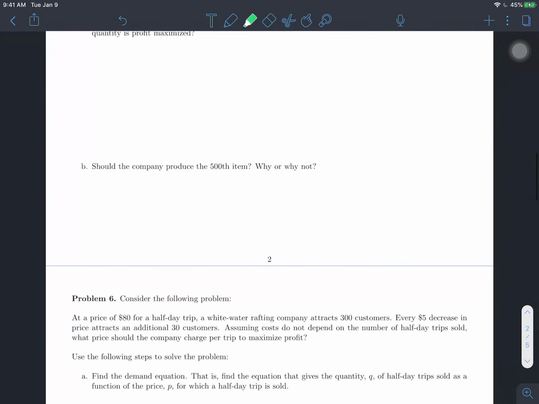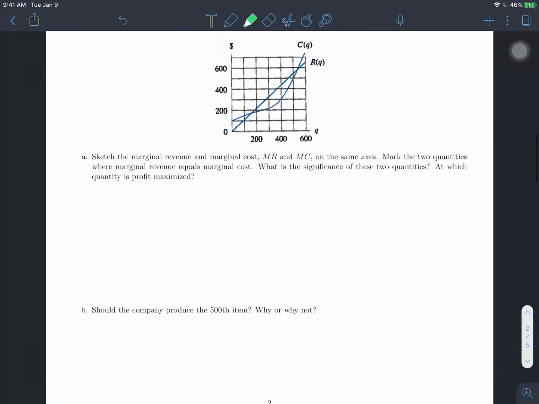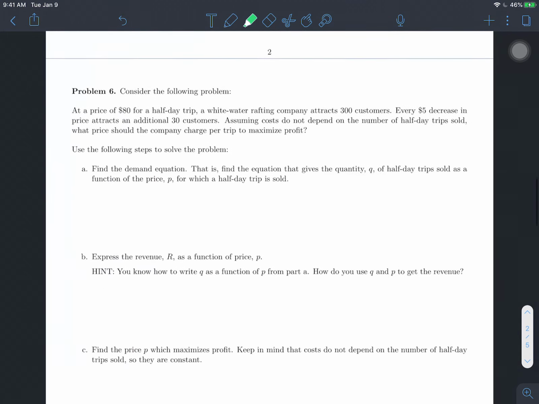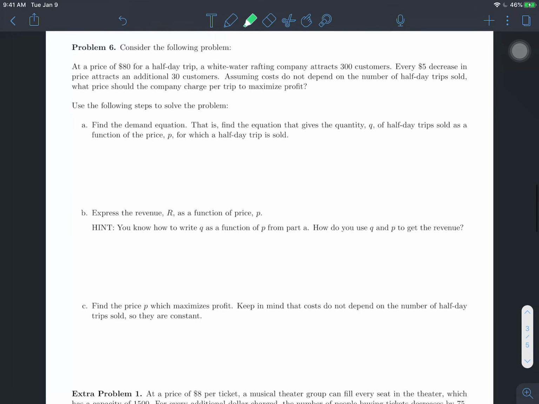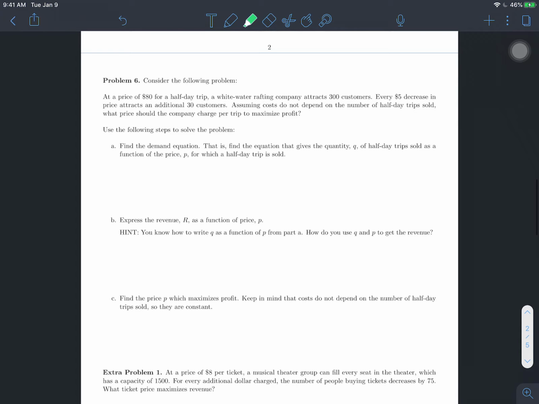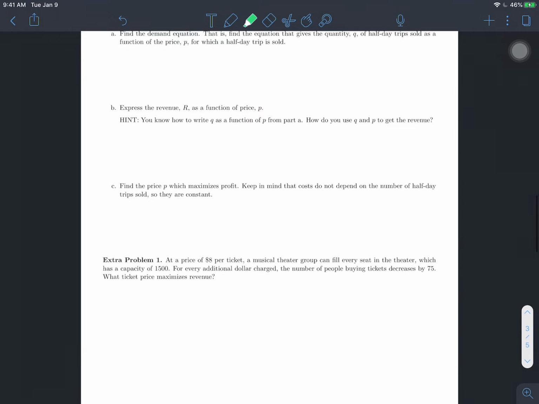This problem was supposed to be taken out. I don't know why it's here. We're not doing that.